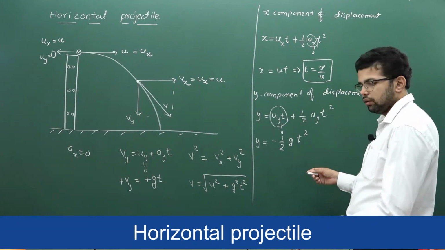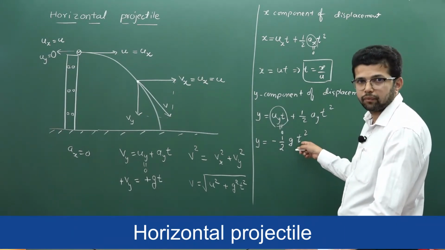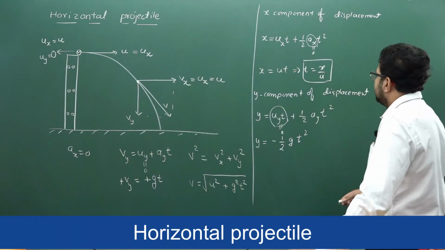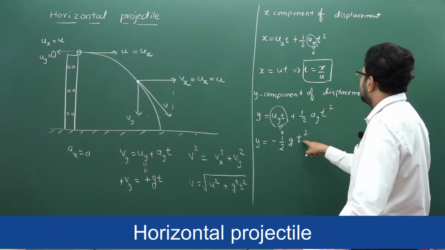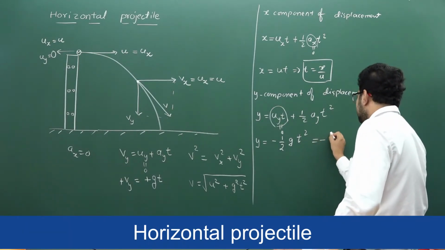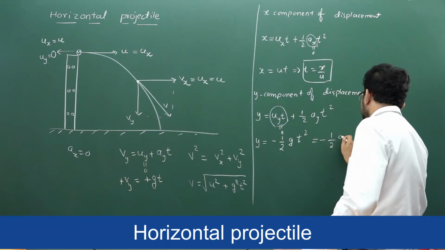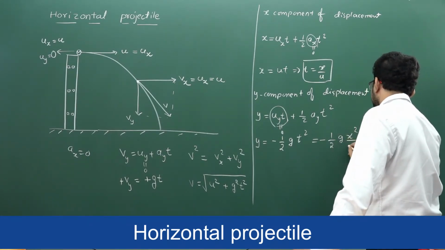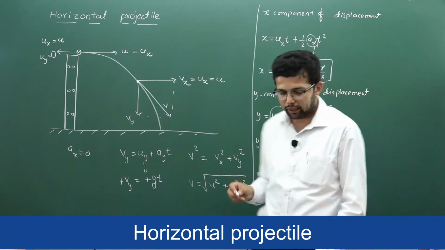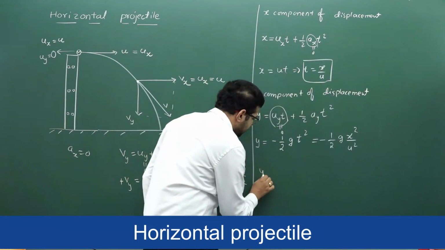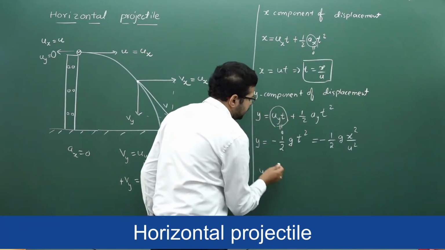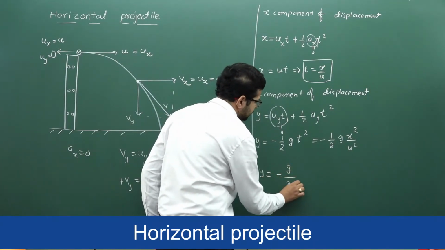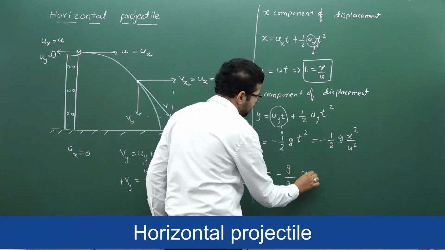Now, what will we do? We will make a substitution for t here, because we want to write the equation of the trajectory. What is the equation for t? t is equal to x by u. So what happens? Minus half into g into x square by u square, or the equation of trajectory, y equals minus g by 2u square into x square.